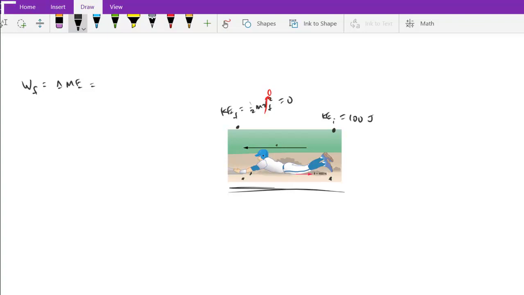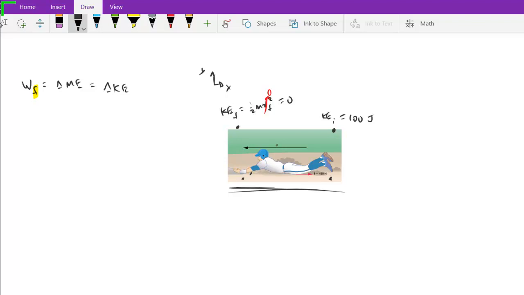So this work done, I put an F here. This is a little premature, but the only thing doing any work is friction. So it's actually going to be the work done by friction is equal to the change in kinetic energy, because the only thing acting in the horizontal direction, or the x direction, if I give a notation like this, the only thing doing work in that direction is friction, right?